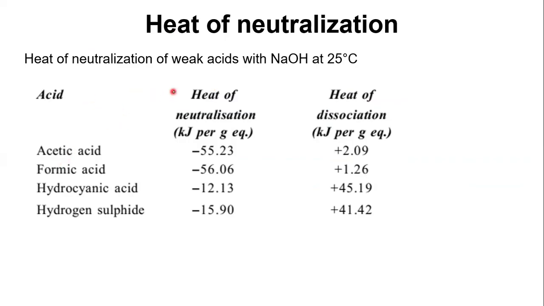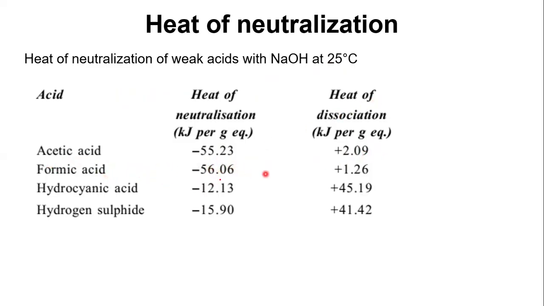Now we are seeing the heat of neutralization of weak acids with sodium hydroxide at 25 degrees. These are standardized values that we have checked. If we do acetic acid, as we observed in the other table, we get 55. It takes 2.09 heat to fully dissociate the acetic acid. So that's the heat of dissociation.